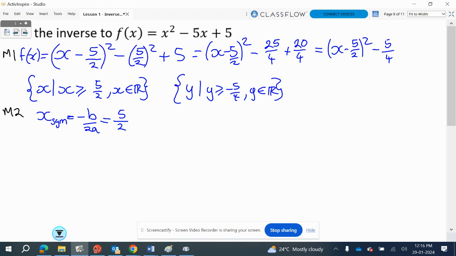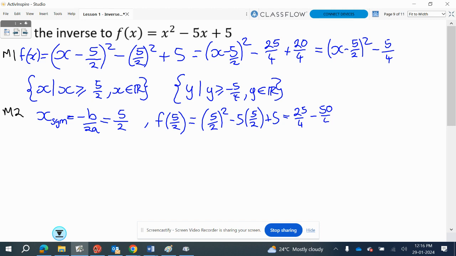The y coordinate of the vertex is going to come from f of 5 over 2. So we put this into the function. We get 5 over 2 squared minus 5 times 5 over 2 plus 5. 5 over 2 squared is 25 over 4. This is going to give us minus 25 over 2, which is minus 50 over 4.